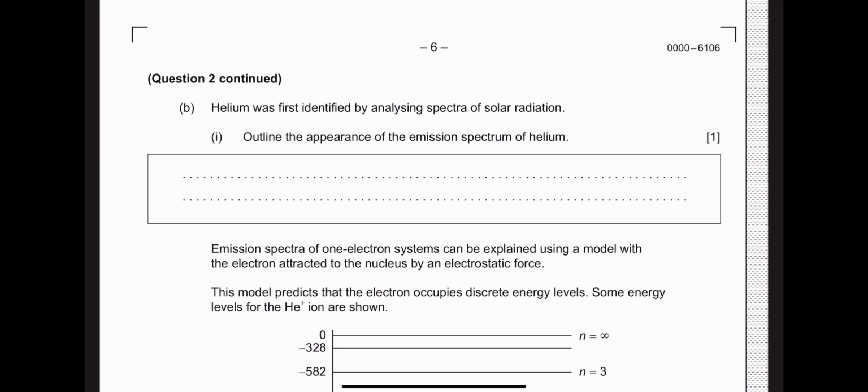But essentially, the appearance of the emission spectrum will be discrete lines of different wavelengths or frequencies. I think you can say either. It just consists of discrete lines of different frequencies or wavelengths. They both apply.